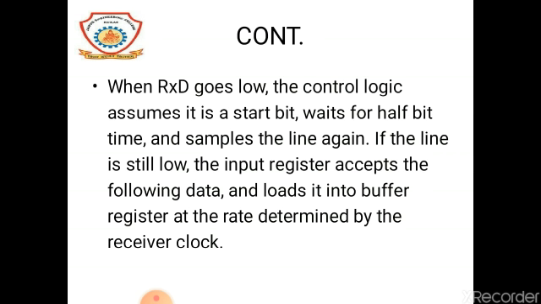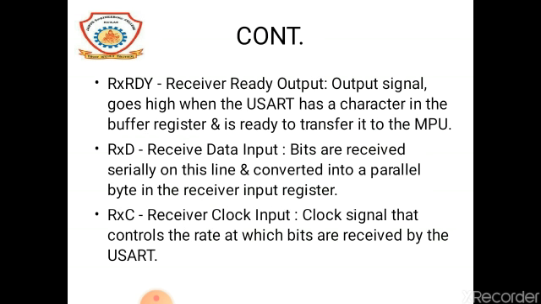When RxD goes low, the control logic assumes it is a start bit. It waits for half bit time and samples the line again. If the line is still low, the input register accepts the following data and loads it into the buffer register at the rate determined by the receiver clock. RxRDY, receiver ready output.